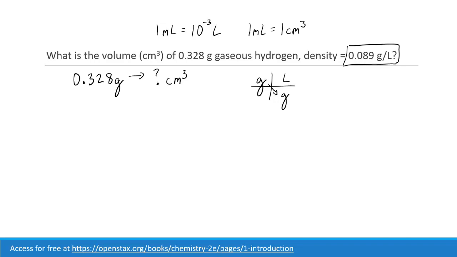The other unit in the density is the liter, so that goes on top. Now I want to cancel the liter, and the conversion factor that I have that includes liters besides the density is my conversion between liters and milliliters. Okay, the last step, if I want to cancel out the milliliters, I now know the conversion factor between milliliters and centimeters cubed.